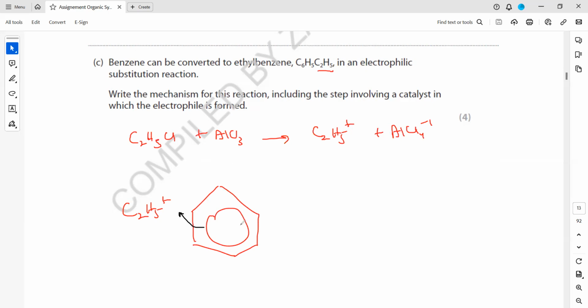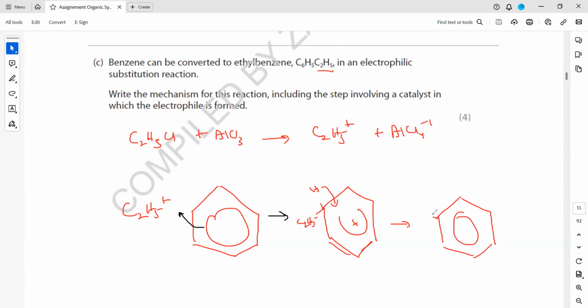And the bond will break. One side will have C2H5, the other will have H, and this hydrogen will break away. As a result, the alkyl group is added, alkylation of benzene, plus H+.